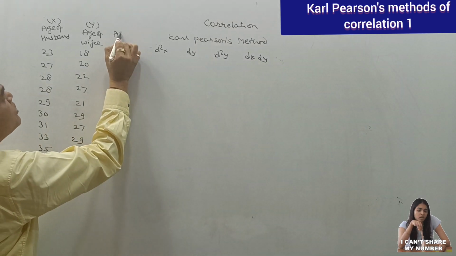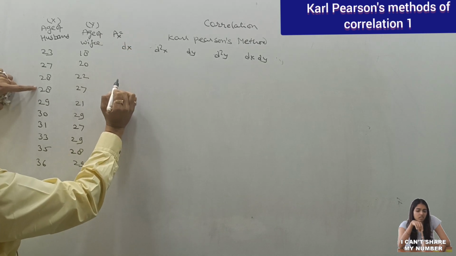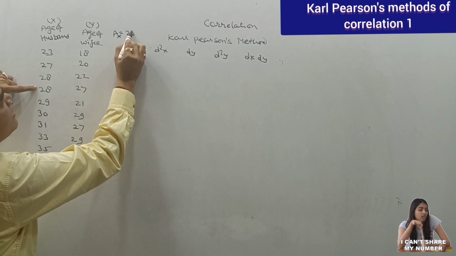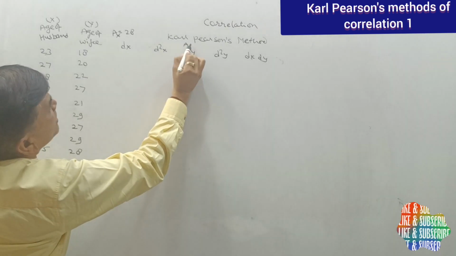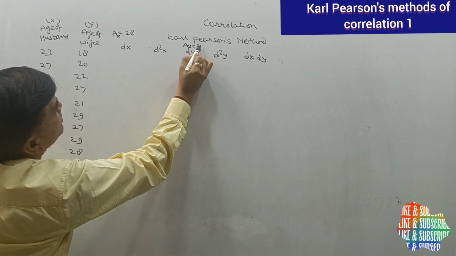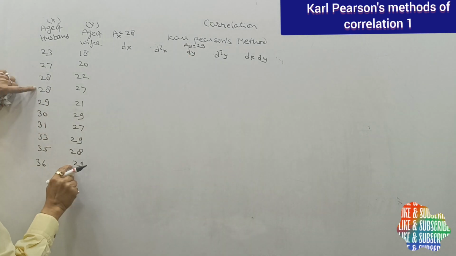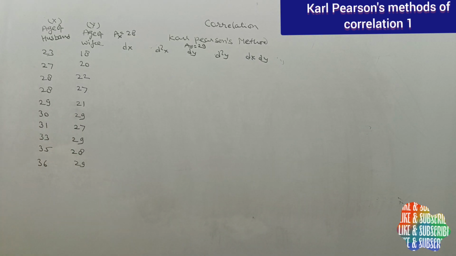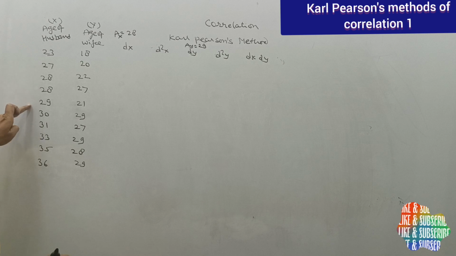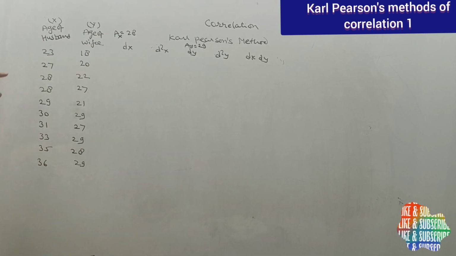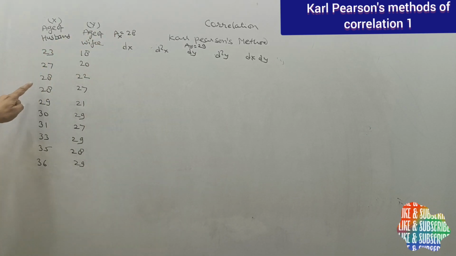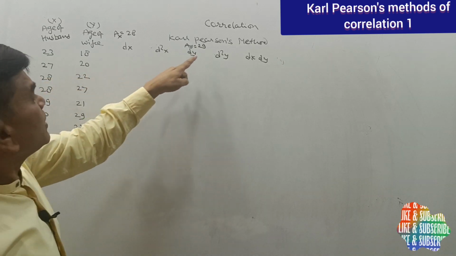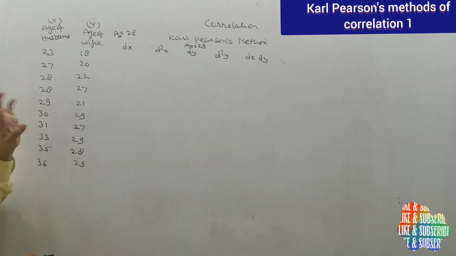Suppose our assumed mean of x is 28. The assumed mean of y, suppose, is 29, because 29 is available one, two, three times. You can assume any point. So I assume 28 as the arithmetic mean in x series and 29 as the arithmetic mean in y series.